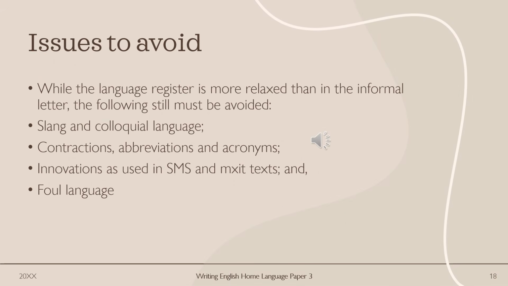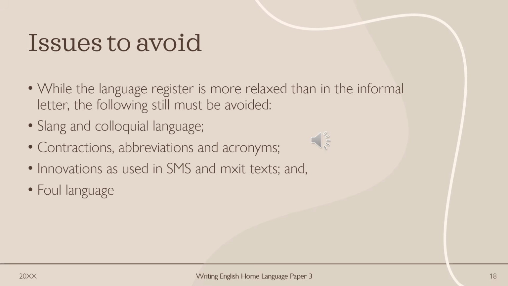Issues to avoid when writing an informal letter. Slang and colloquial language. It doesn't mean that because it's informal, then you can write your slang or your colloquial language. Do not use contractions or abbreviations and acronyms. Write in full.